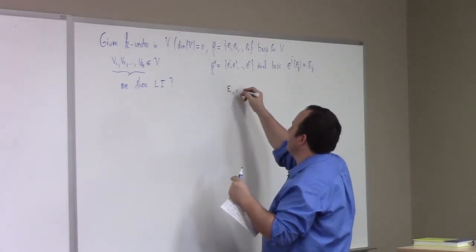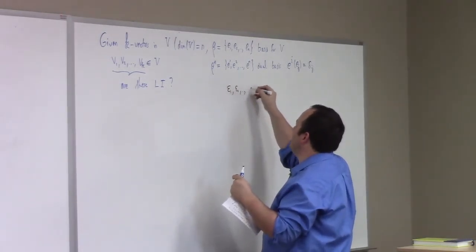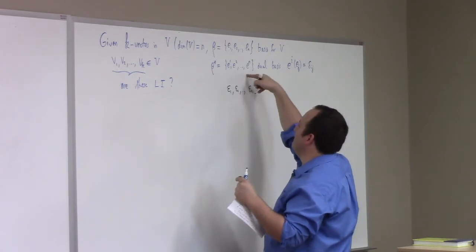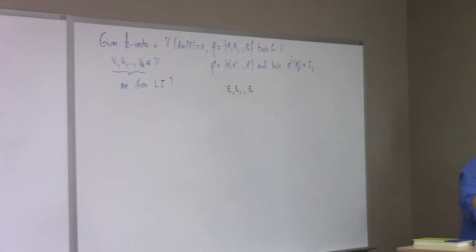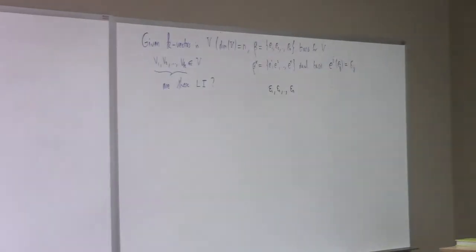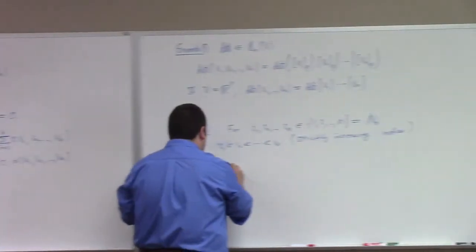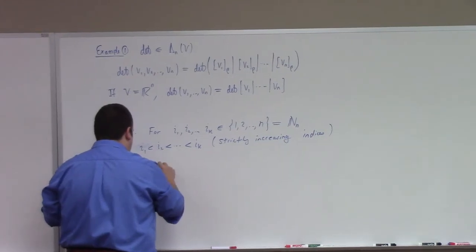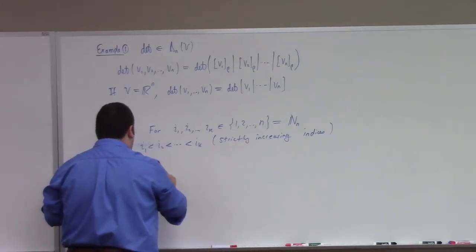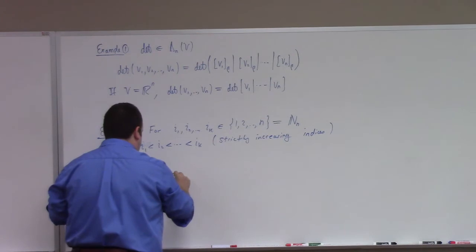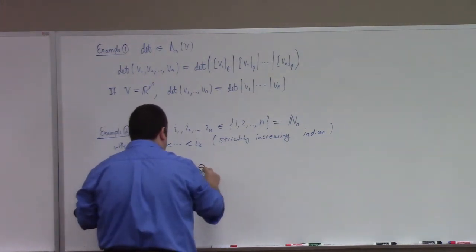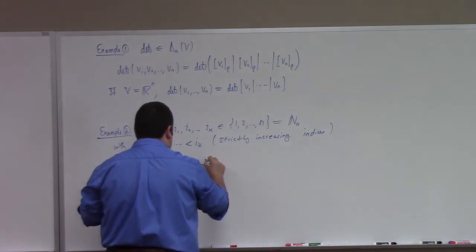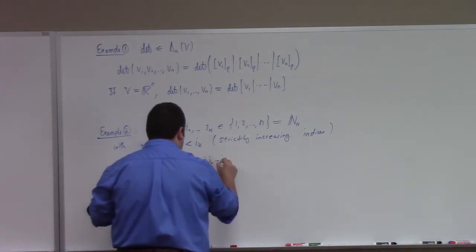He uses epsilon 1, epsilon 2, ..., epsilon n for these, but I will use the same letter with an upper index for the dual basis. So in similar fashion, he uses epsilon lower i1, i2, ..., ik here, but I will replace that with e upper i1, i2, ..., ik.